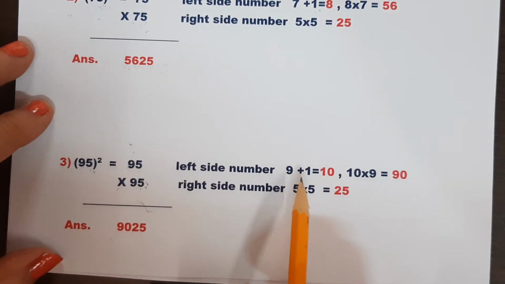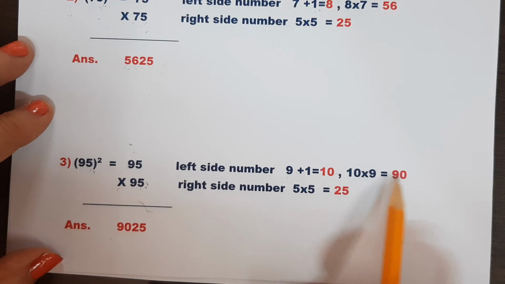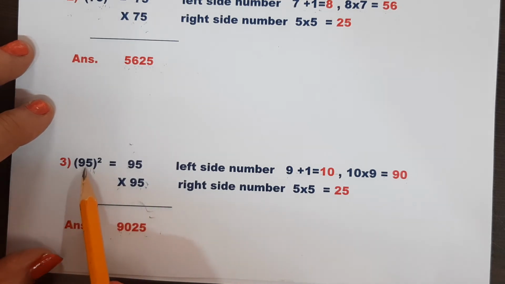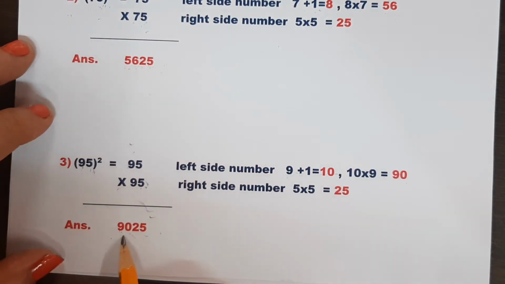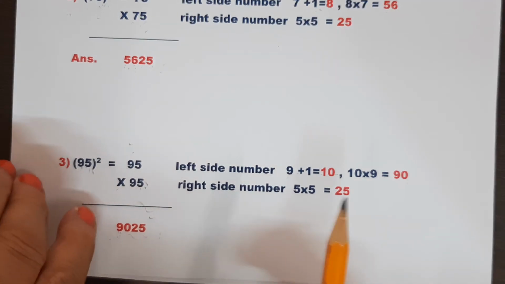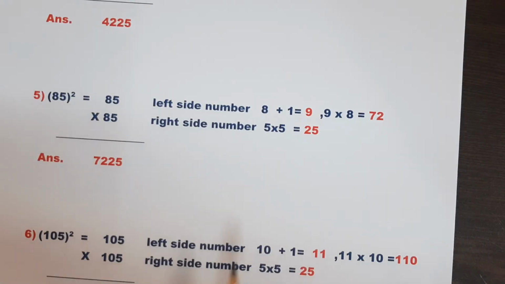And the right hand side figure will be 25. So your answer will be 9025. The square of 95 is 9025. Okay, thank you. We will go to the next example.